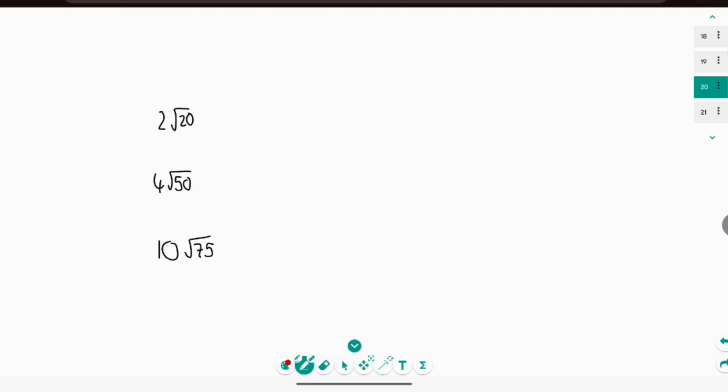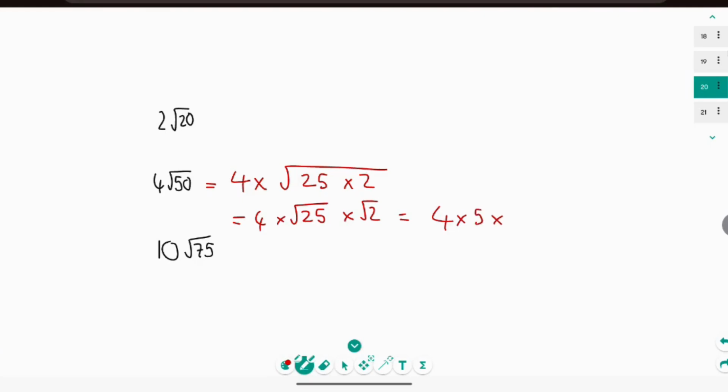Next one, 4 root 50. 25 is the highest common factor. Square root of 25 is 5. 4 times 5 is 20. 20 root 2.